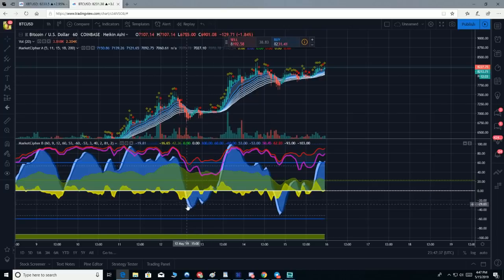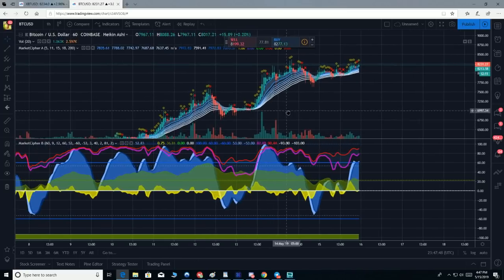What you're looking for is the white to be pinched off as a sign of a reversal. So let's say right here, it's coming down bearish, right? So when the white gets pinched off by the blue, that is a sign that this was a bottom, right?